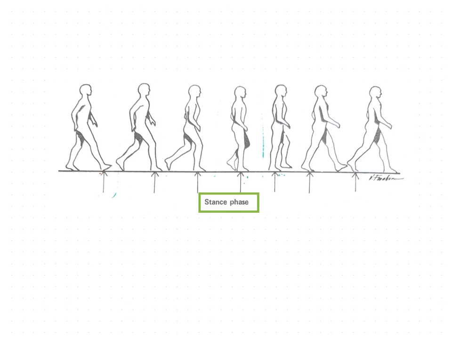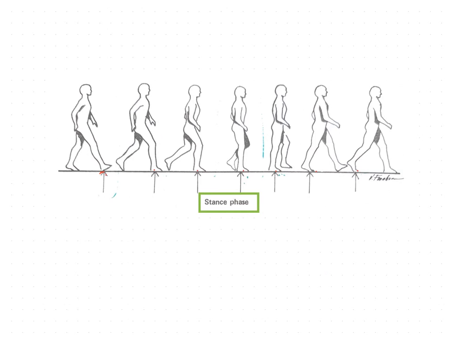This one is the heel strike, and the stance phase continues only as long as some portion of the foot is in contact with the ground. So this extremity is in contact with the ground in all these phases of the gait cycle, and those phases in which the same extremity is in contact with the ground we take as the stance phase.